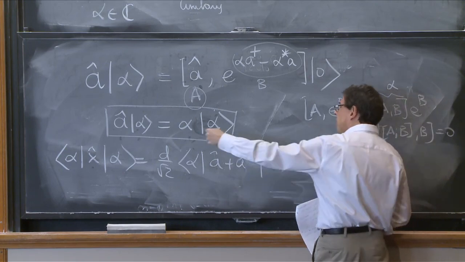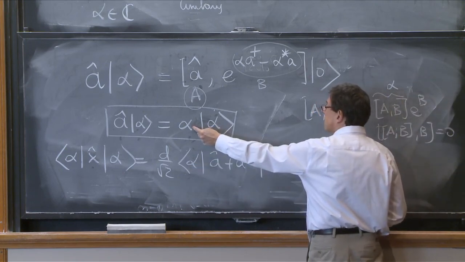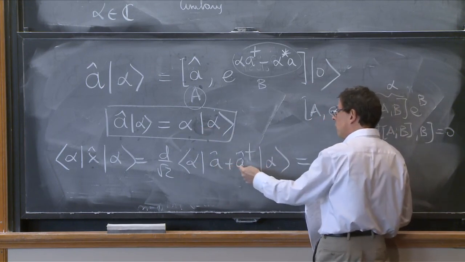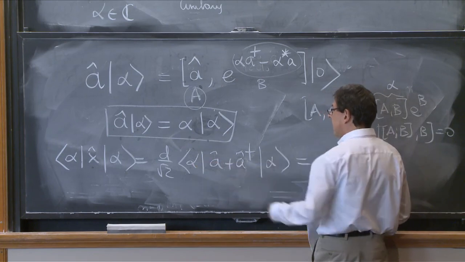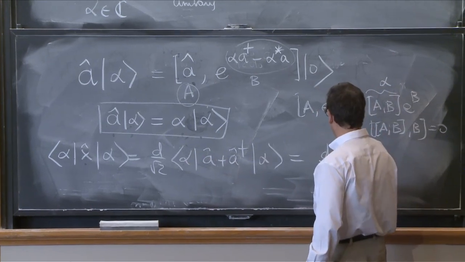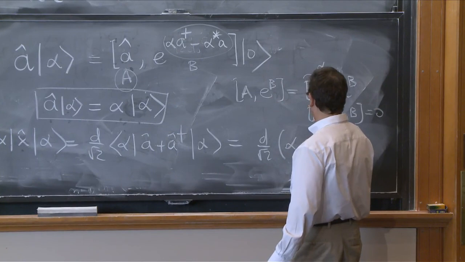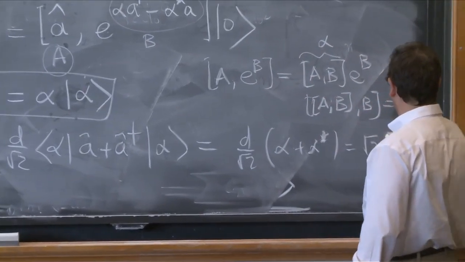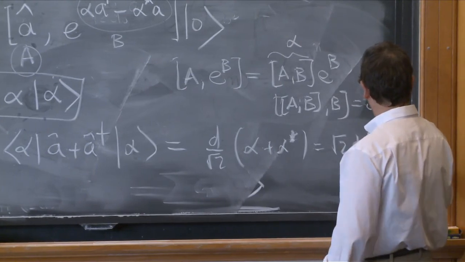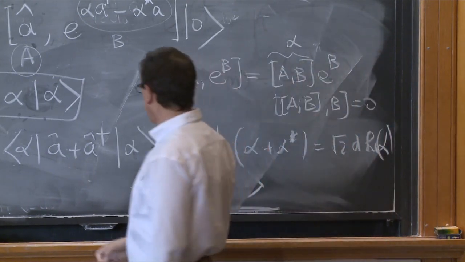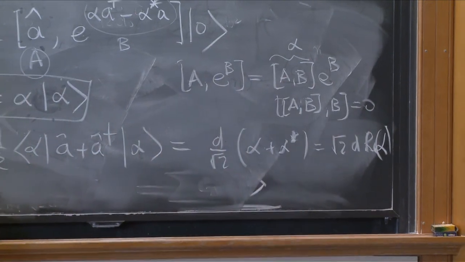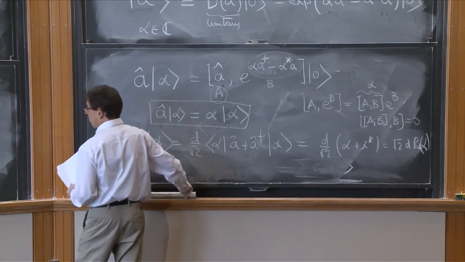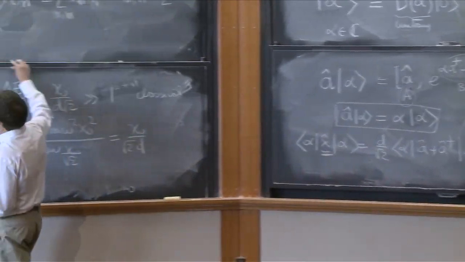But A dagger on bra alpha is alpha star. So this one you know on the right, this one you know on the left. And it gives you d over square root of 2 times alpha plus alpha star. So it's square root of 2 d times the real part of alpha. So the real part of alpha is the expectation value of x. Similarly, I'll go here.